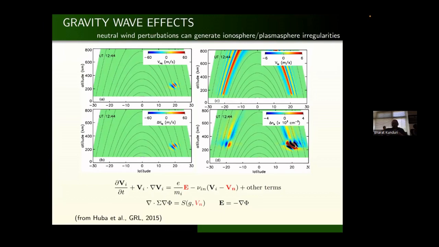Does this relate to the numerical diffusion point you made earlier? Actually, no. That comes from perpendicular motions associated with E cross B drift, this picture up here.